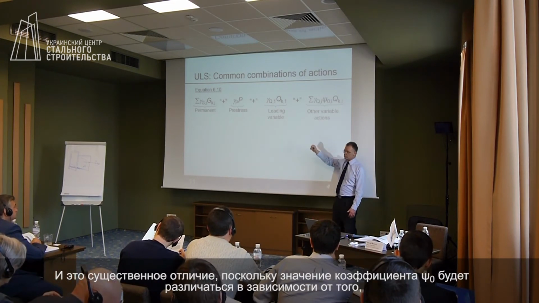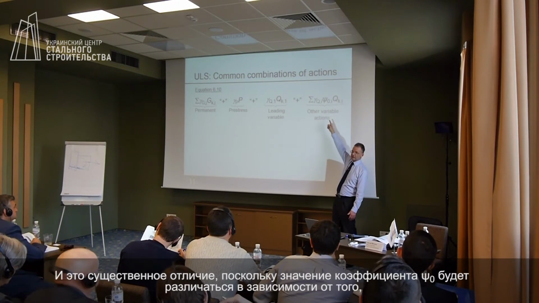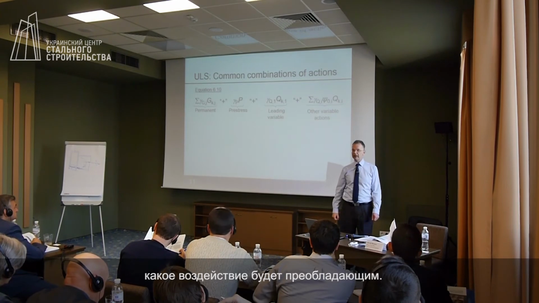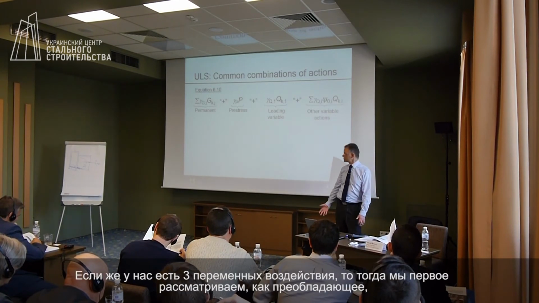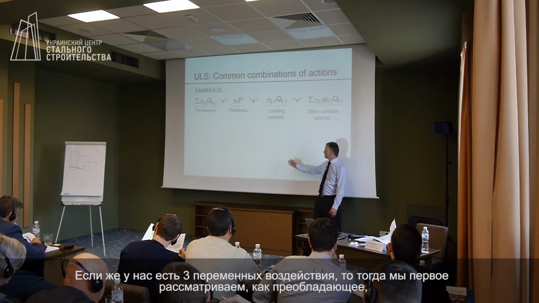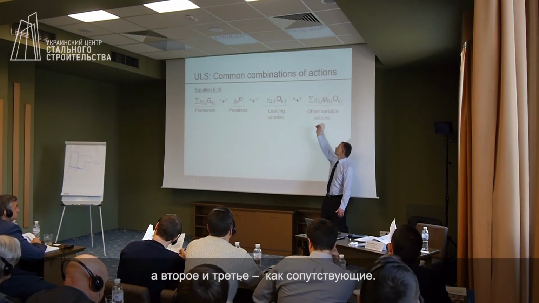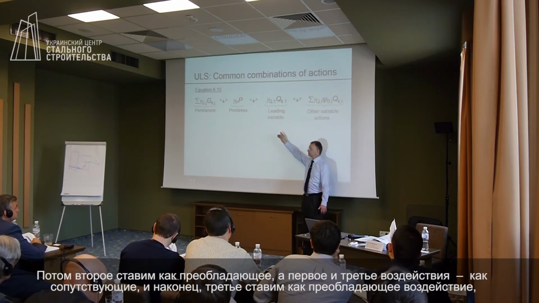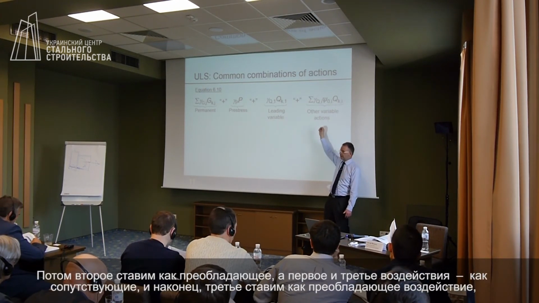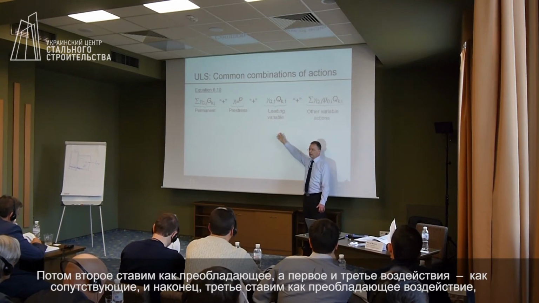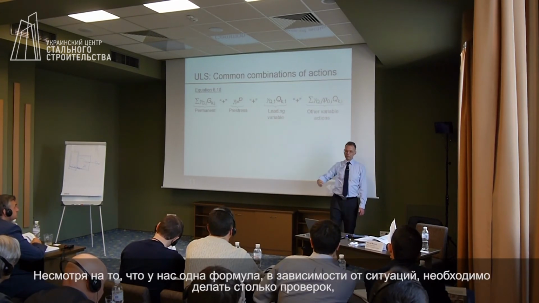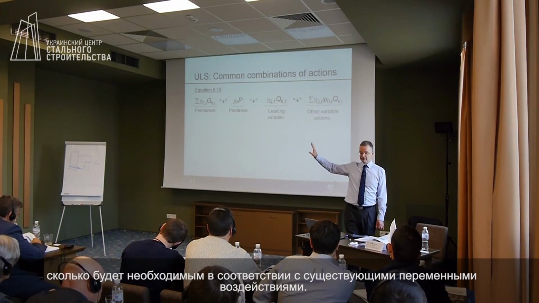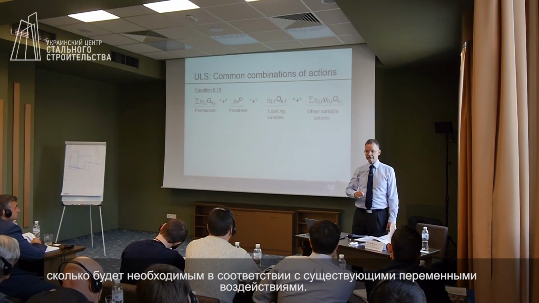And that is an important difference because the psi naught value may well change depending on the type of variable action. If you have three variable actions, then number 1 will appear here, number 2 and 3. Then you would put number 2 there, and number 1 and 3, and then you would put number 3 there, number 1 and 2. So the more variable actions there are, although you see one expression there, you'll be checking a number of different situations.